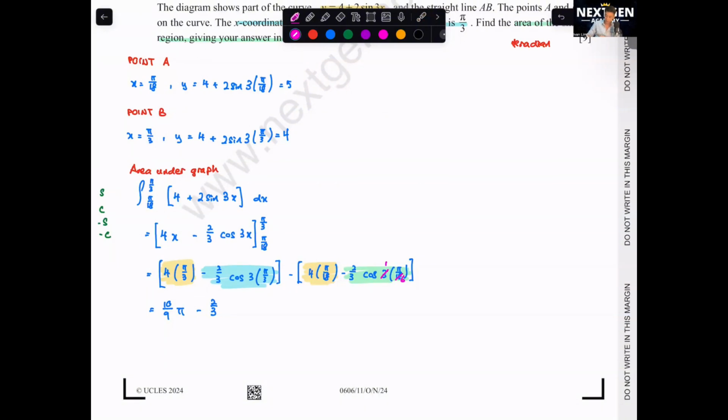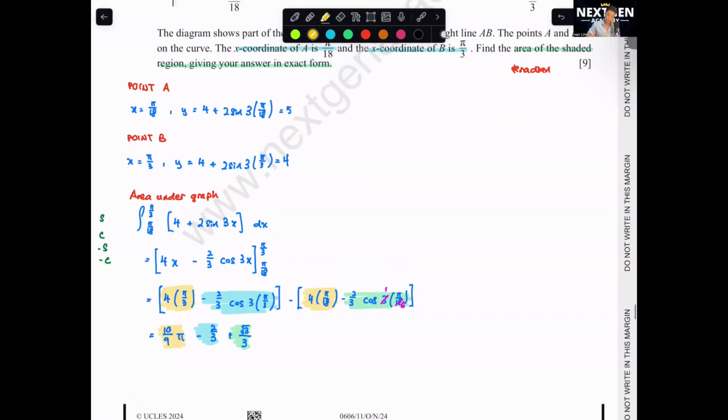So cos pi over 6, you get root 3 over 2, which you multiply by 2 over 3. We get root 3 over 3 plus root 3 over 3. So this is your green color value, this is your blue color value, and this one your yellow color value. So this will be your area under the graph.